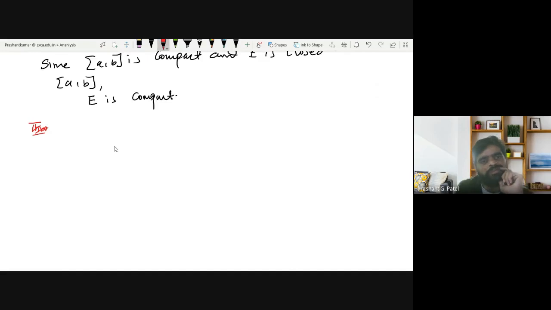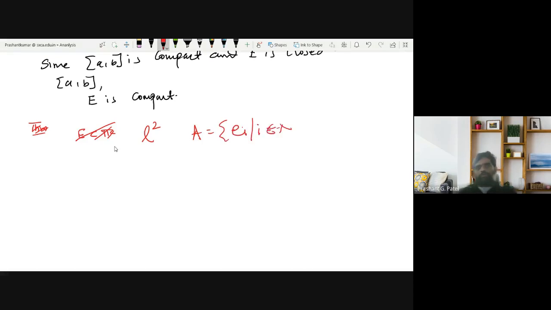That means if E is a subset of R, and I drop this condition, can we say the same? The answer is already given. Take the L2 space, the square summable sequences, and define A as the set of all e_i, where i belongs to N. Can you say that this A is compact?